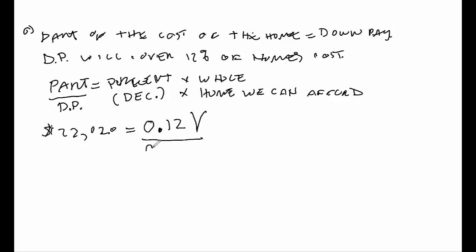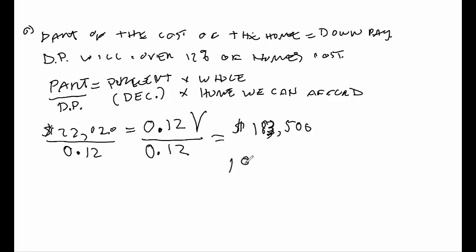So we just do some algebra and divide by 0.12, and we find that the home that we can afford is $183,500, given what we have set aside as our down payment.